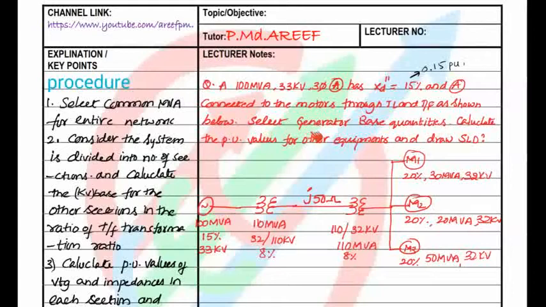Select the generator base quantities, calculate the per unit values for the other equipment, and also draw the single line diagram here. This is a question asked in IAS.